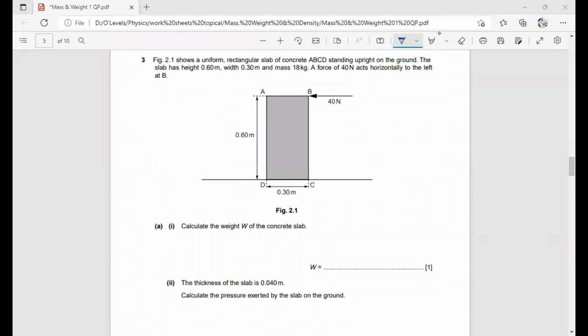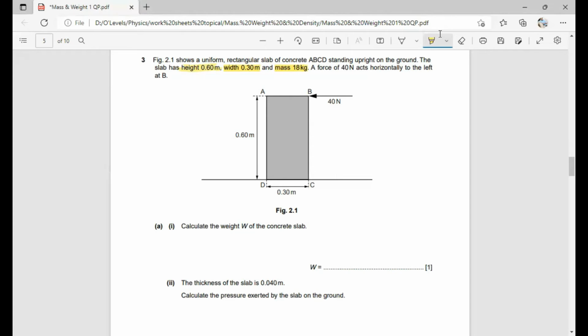Now, this is an important question. First of all, we have a slab. It shows a uniform rectangular slab of concrete having sides A, B, C, D, standing upright on the ground. The slab height is 0.6, width is 0.3, and mass is 18 kilograms.